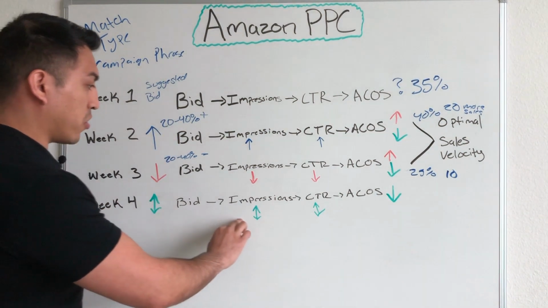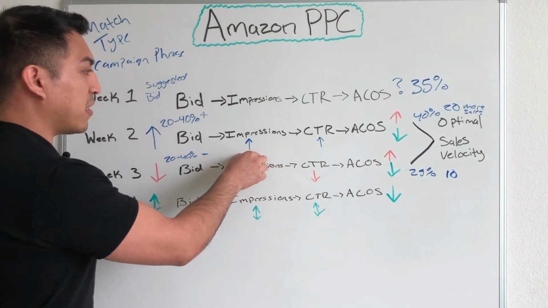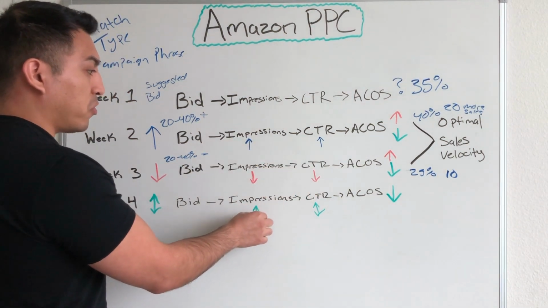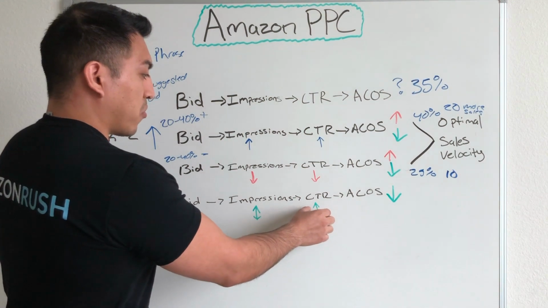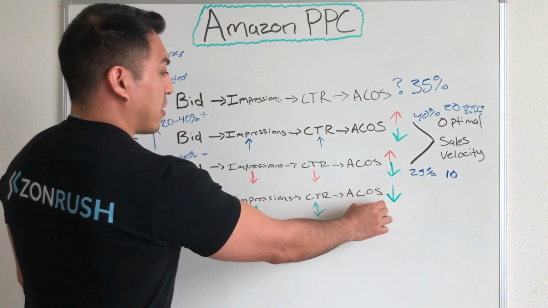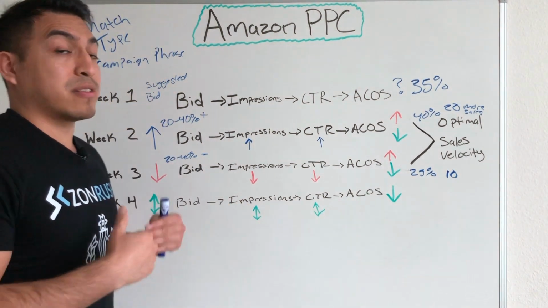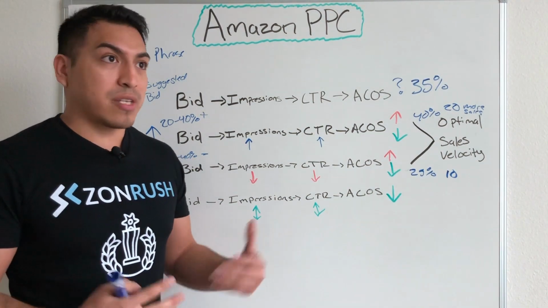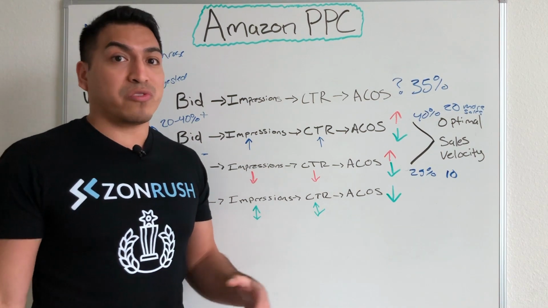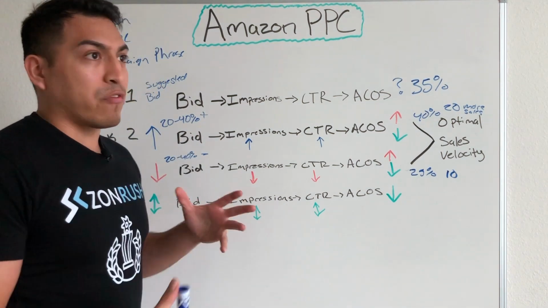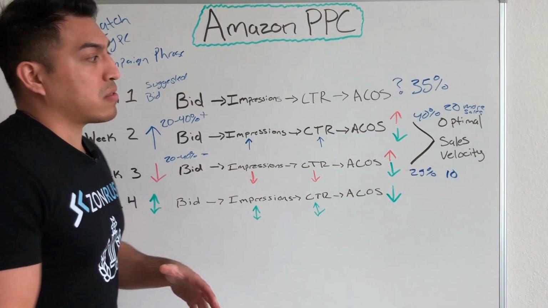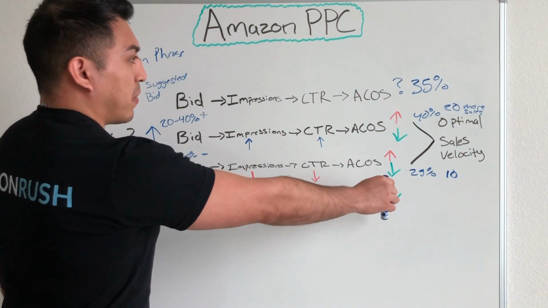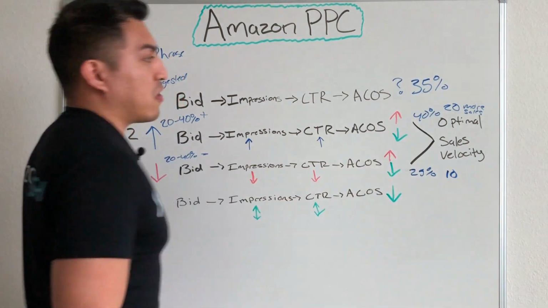So you're going to now see what the median point between these two sections is for optimal impressions, optimal click-through rate, and this is where you're generally going to see ACoS continually go down, because the Amazon PPC algorithm is just getting smarter and smarter, which again I'm going to get into tomorrow to go over a few of the PPC algorithm updates, okay? But this is going to help you maintain profitability without sacrificing sales velocity.